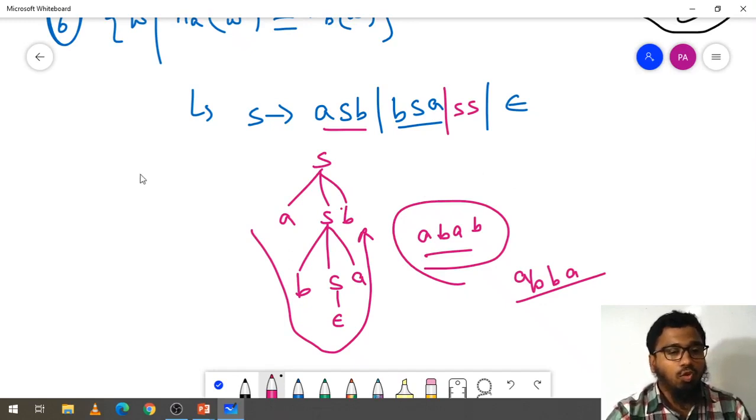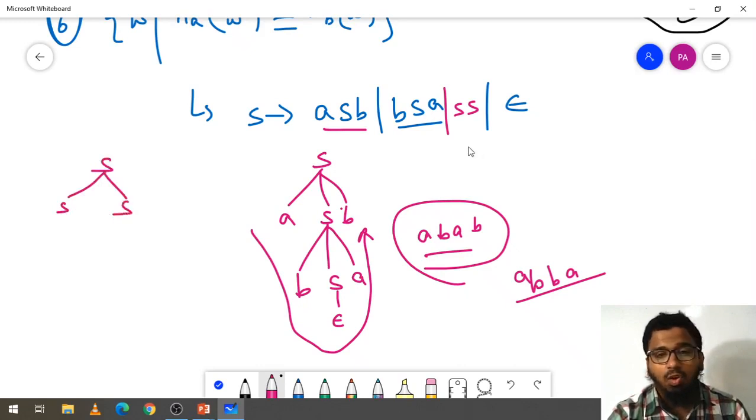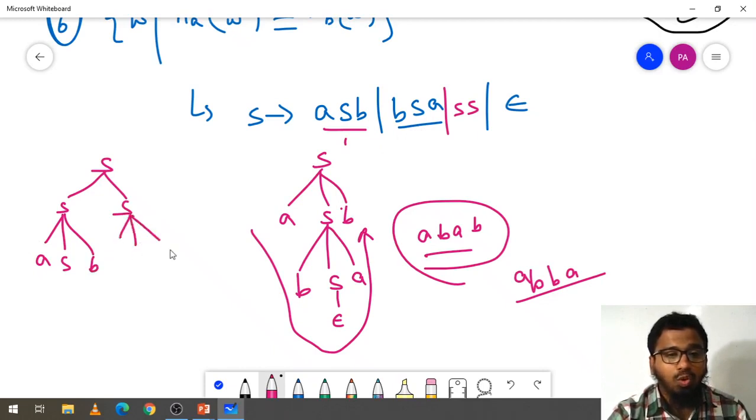I will draw here S, then it will divide into SS. First I am taking SS, and next I am taking the first one here A S B, and in this S I am taking this one, 1, 2, 3, B S A.